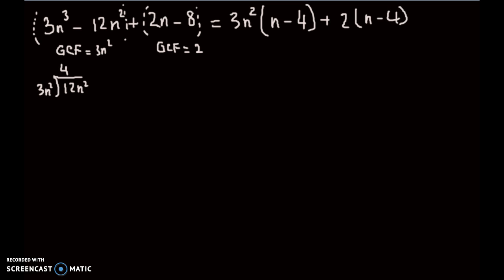Now I know that n minus 4 is the common factor here. So I would factor out n minus 4 again, and I would have 3n squared plus 2. This is the final answer for it.